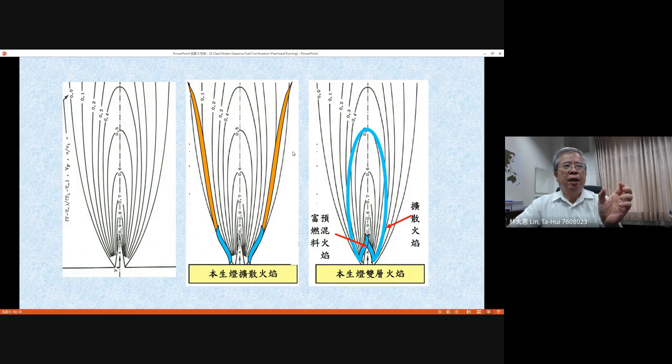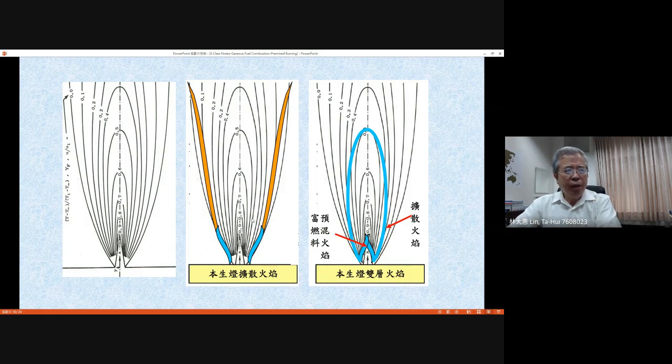If there is an interface separating the fuel and the oxygen, then that interface could be treated as the location of a diffusion flame, but the location is not exactly equal to the interface. They have some deviation from the interface, the jet boundary.